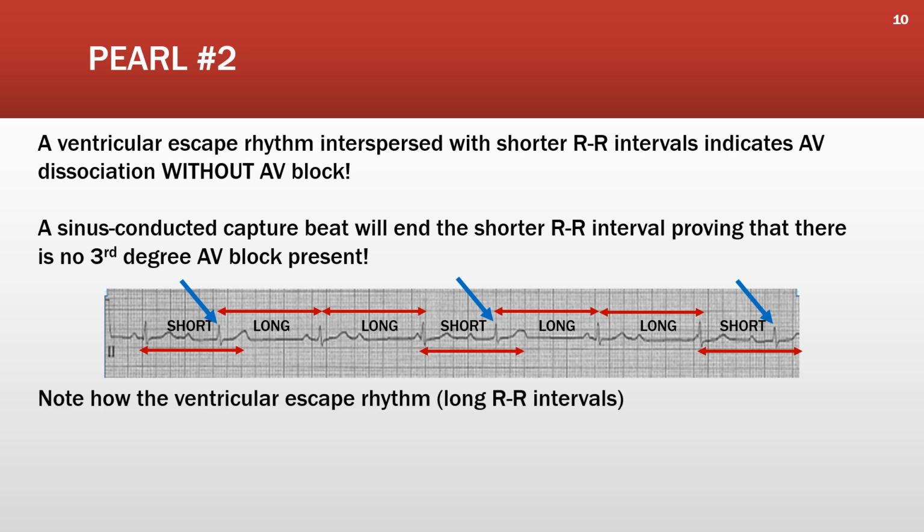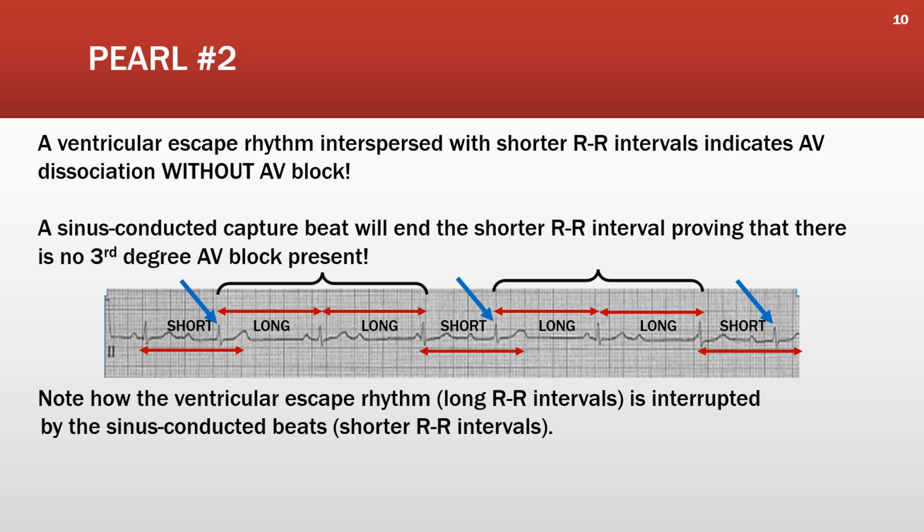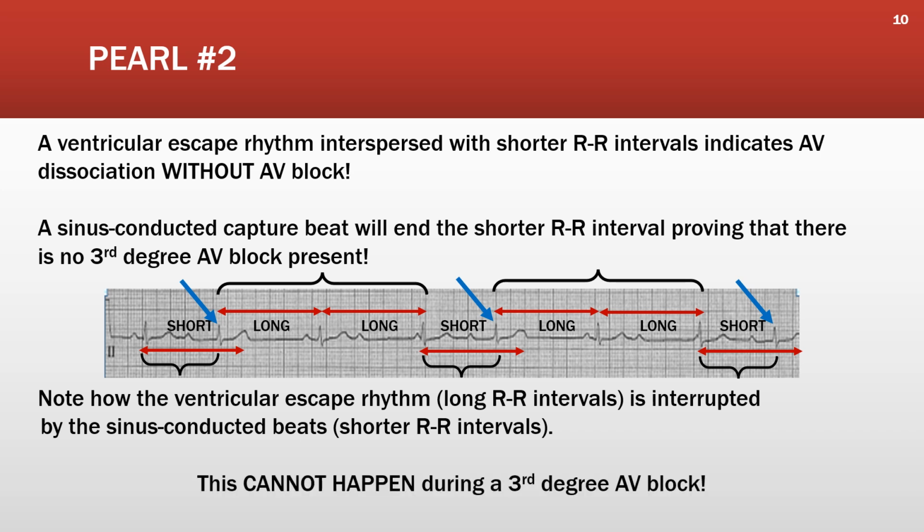Now, note how the ventricular escape rhythm, the long RR intervals, are interrupted by the sinus conducted beats, the shorter RR intervals. This cannot happen during a third degree AV block. Due to the AV block, there can be no interruption of the very steady, regular ventricular rhythm.